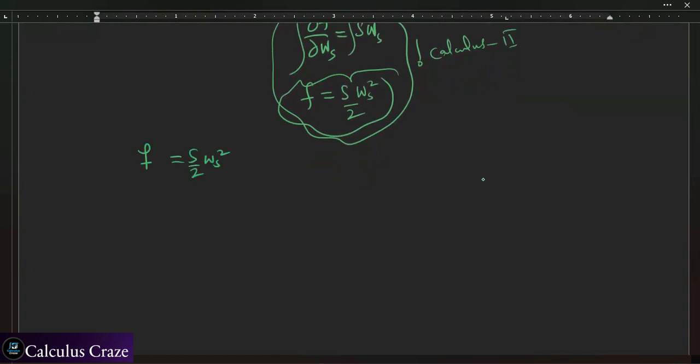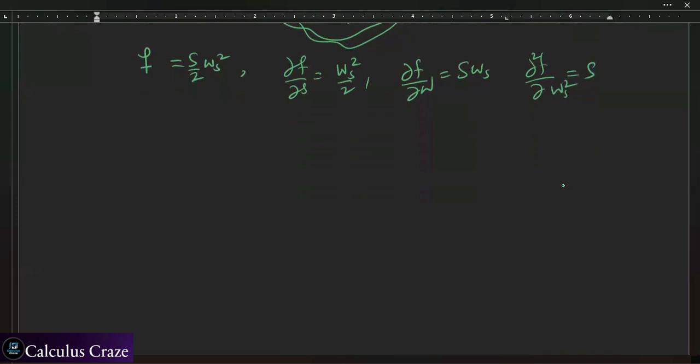And now I will apply Ito's Lemma on this. I need its partial derivative with respect to s, which is W_s squared by 2. I need its partial derivative with respect to w, which is s times W_s, and I also need its second partial derivative with respect to W_s, which is simply s.